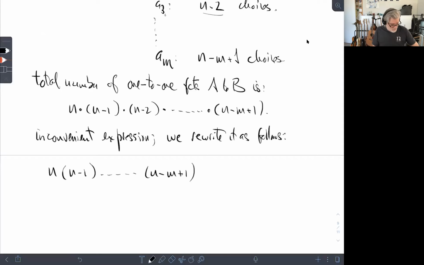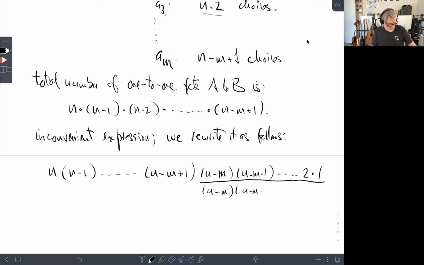So now I'm going to decrease by 1 again. So n minus m. And then n minus m minus 1. I'll just go right down to 1. But wait, I've changed everything, but I'll just divide by the same thing. Right? This is the same as this. Everybody is okay with that? Yep.